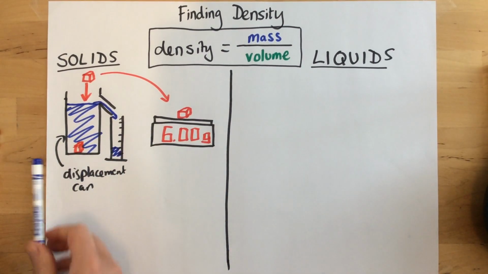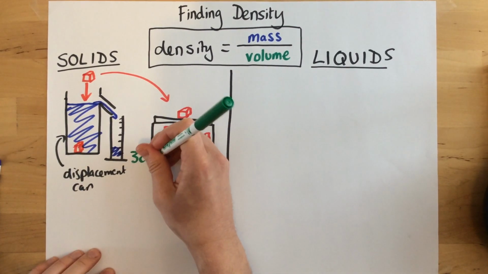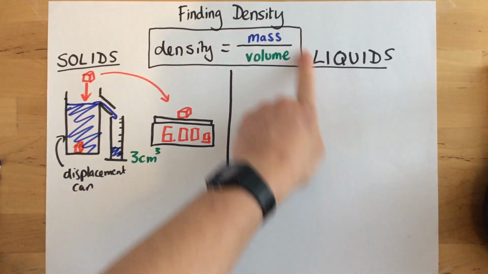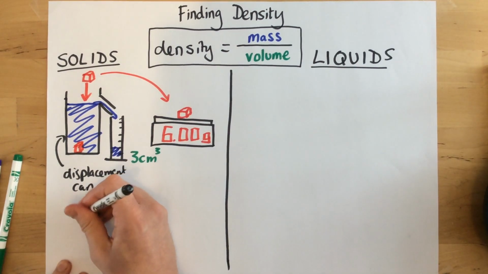Now let's say, for example, the cube displaced 3 centimetres cubed of water. So what I can do now is use this equation for density that we need to know. It's a simple calculation.